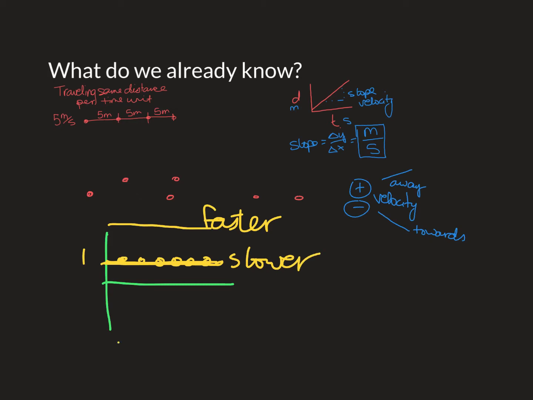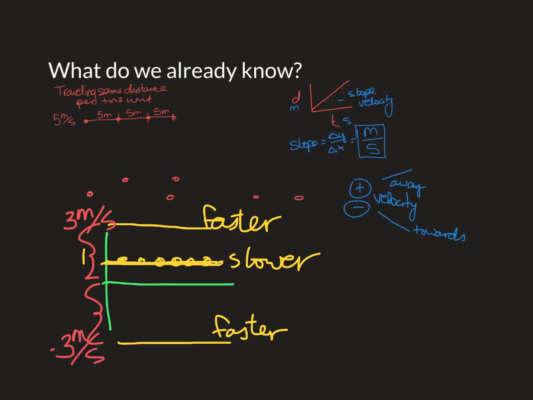And a negative speed, this is also faster, because I'm the same distance from zero. So this could be 3 meters per second, and this one down here can be negative 3 meters per second. The only difference being the direction.